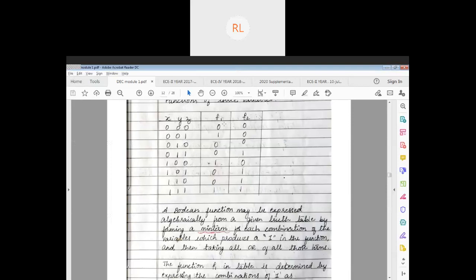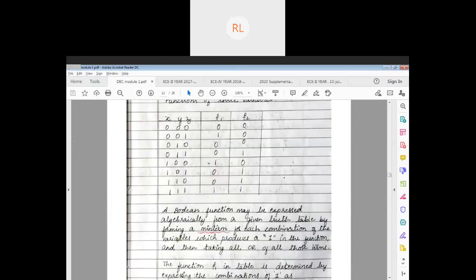These are random. Don't worry about how I got 1 or how I got 0. I have just randomly represented zeros and ones.